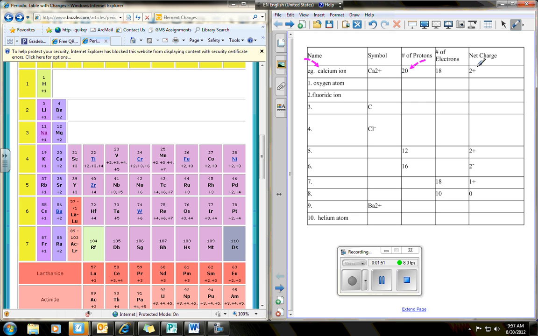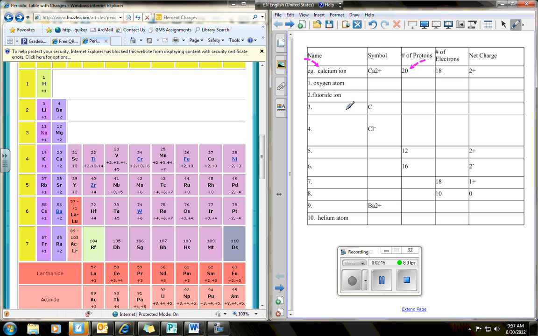And easy, the net charge is 2 plus, meaning that you are missing 2 electrons to have a stable atom. And that's why it's an ion. Ions are reactive, whereas atoms are usually balanced out and non-reactive.